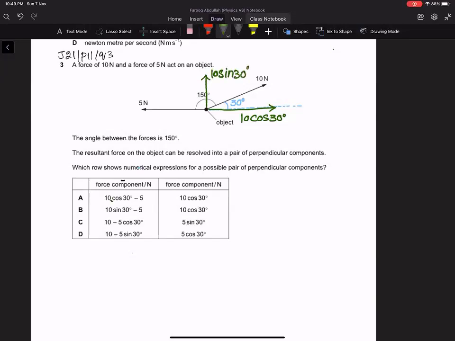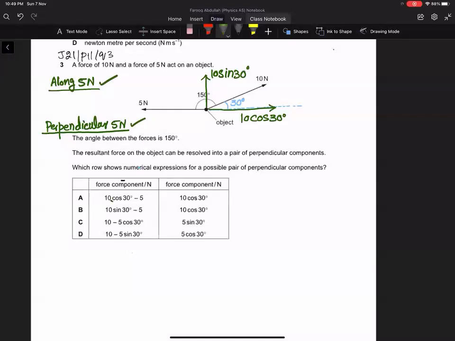sine of 30. Now, if we see along 5 Newton, what we get along 5 Newton and what we get perpendicular to 5 Newton, since we have taken 5 Newton as the reference, when you have to resolve forces, one of the two forces can be taken as reference.